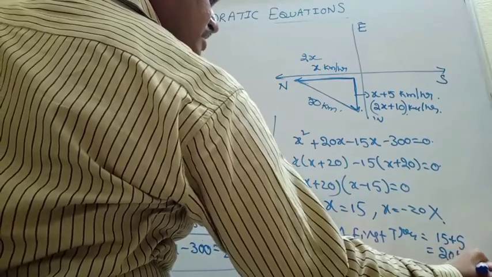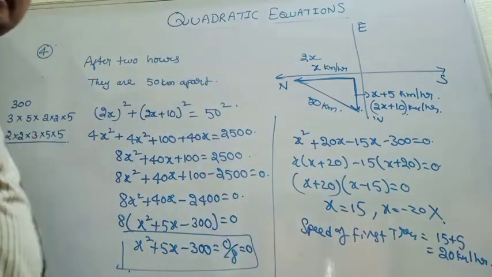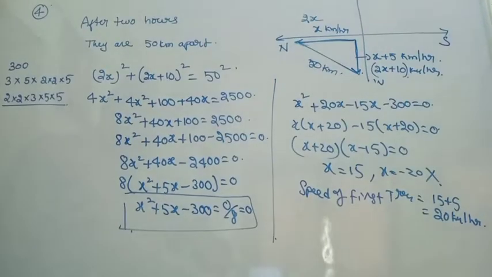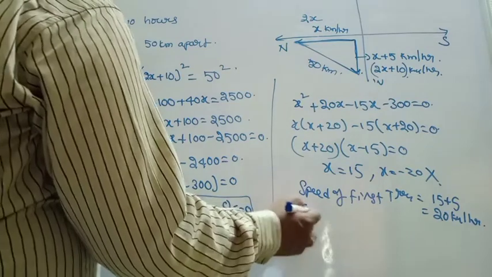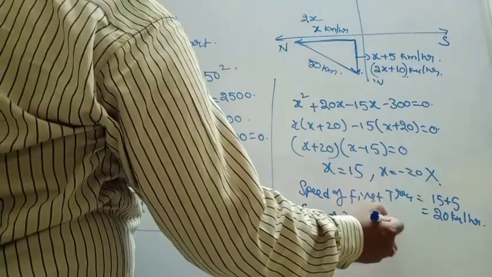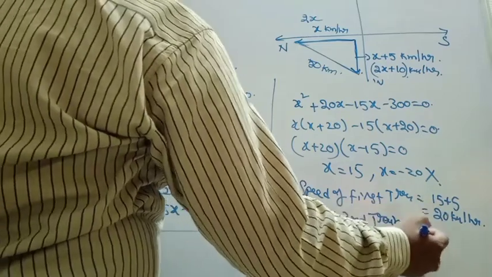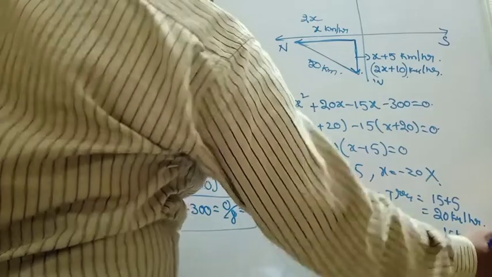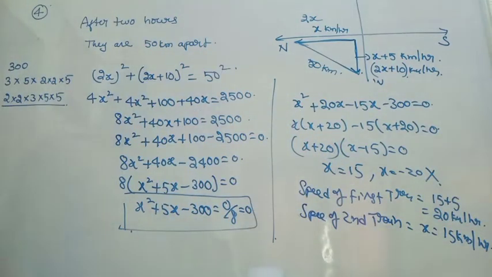And the speed of the second train is equal to x, which is 15 kilometers per hour. In this beautiful way we will be getting these problems.